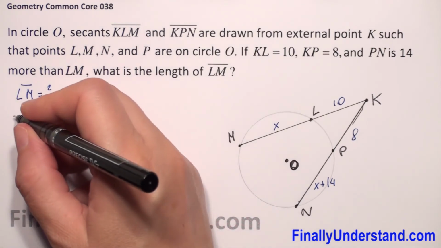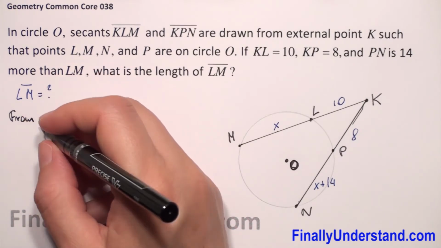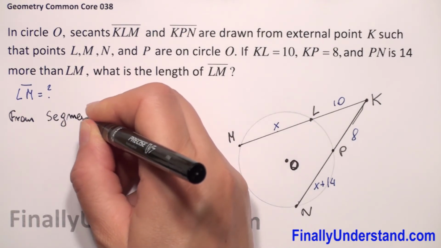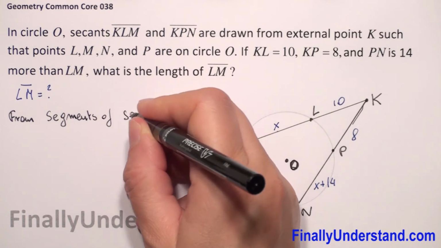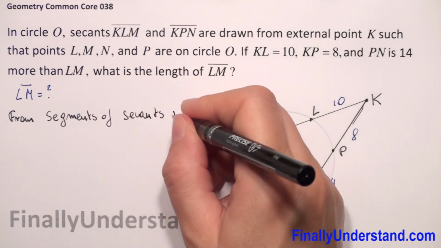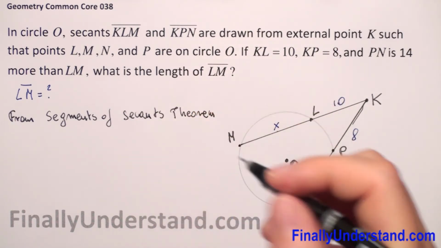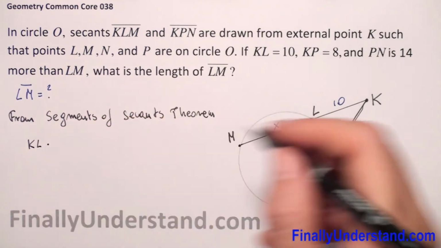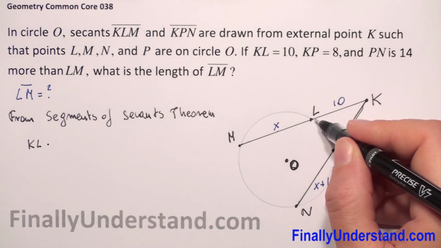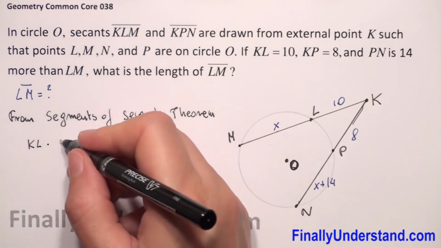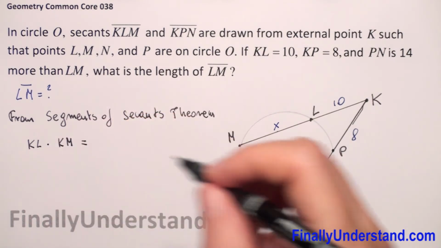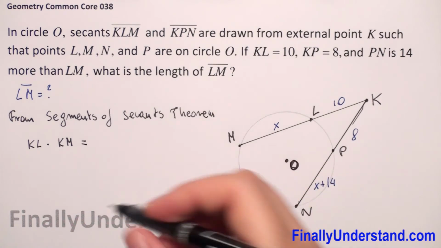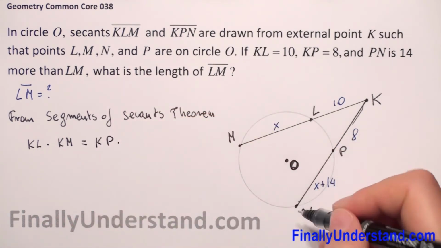So we can write that from the segments of secants theorem we have that KL, the external segment, times the secant segment KM, is equal to the external segment KP times KN.